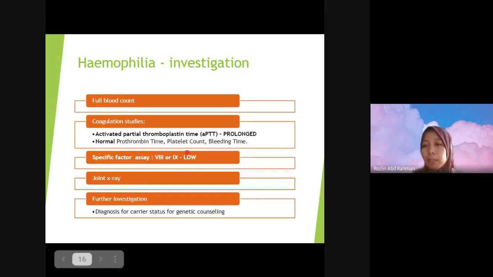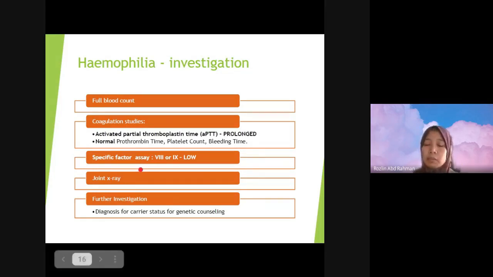Alright. Platelet count are usually normal because it doesn't involve any platelet issues. Yang masalahnya adalah your coagulating proteins tu. Alright. And then of course we can do specific factor assay. Kita boleh focus on knowing or investigate the level of factors, either factor 8 or factor 9. So usually it is low lah for this haemophilia A or haemophilia B.